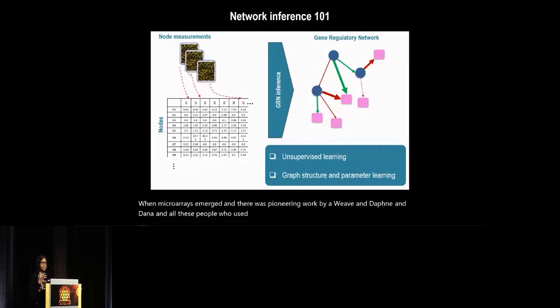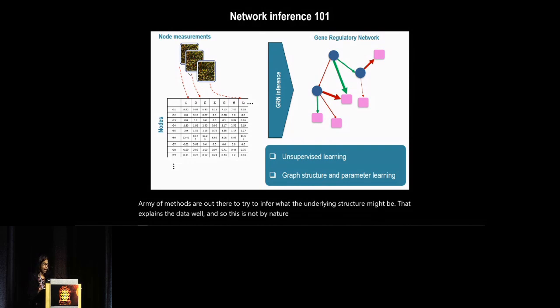But what we have is basically a data matrix where we have nodes and experimental conditions, and an army of methods are out there to try to infer what the underlying structure might be that explains the data well. And so this is by nature unsupervised.